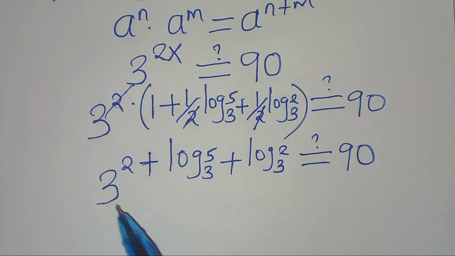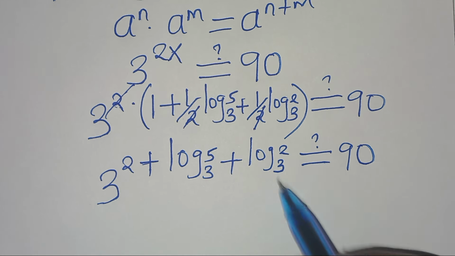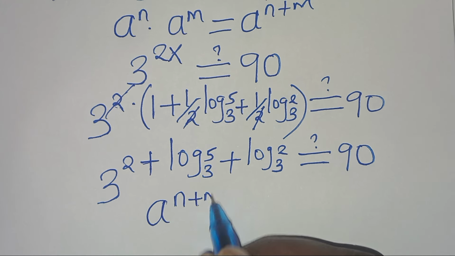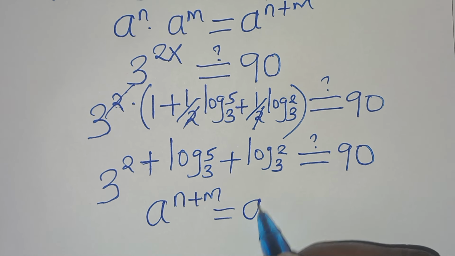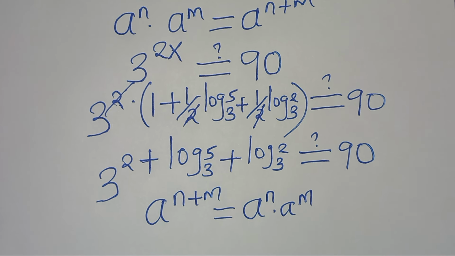Now, we have 3 to the power of 2 plus log 5 to base 3 plus log 2 to base 3. This is in the form of a to the power of n plus m, which we can express as a to the power of n times a to the power of m.